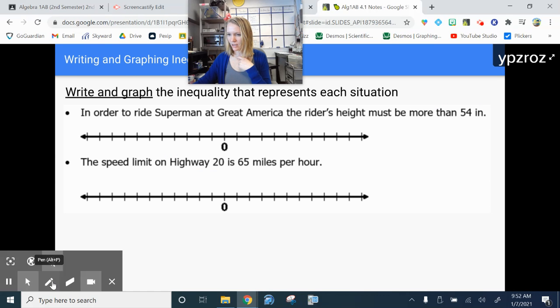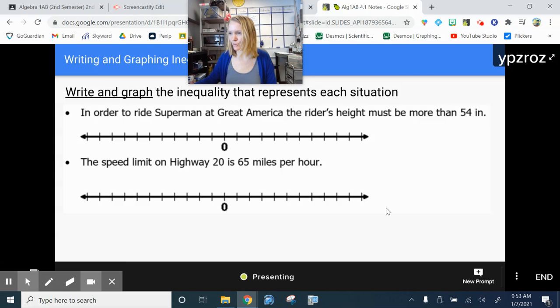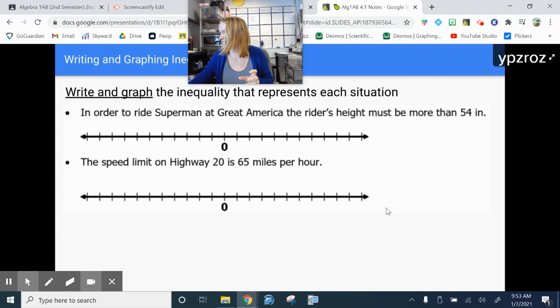Somewhere there was a present tools bar. Huh. I was hoping it was going to let me draw a lightning bolt arrow thing, but it doesn't look like I have that. I have them on the Google Meet toolbar, but I don't think I have it on the Pear Deck toolbar. So I'm not going to make you guys come over. It's okay. I was just trying something different. Everything today is like an experiment.